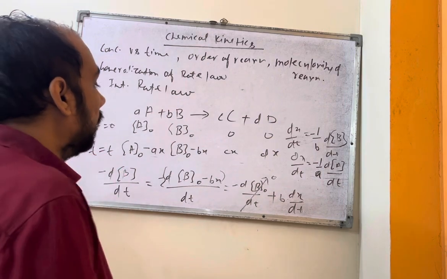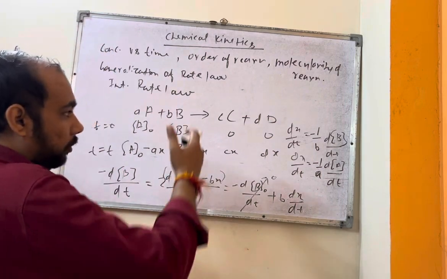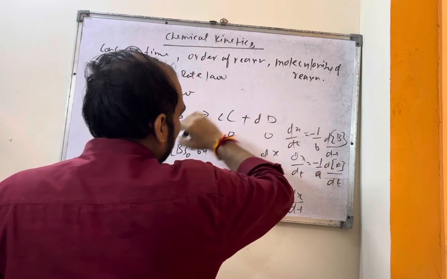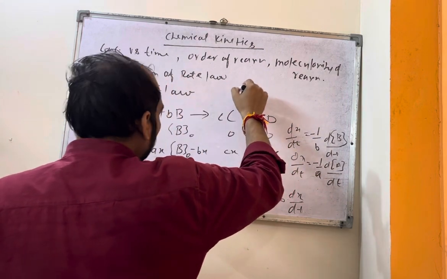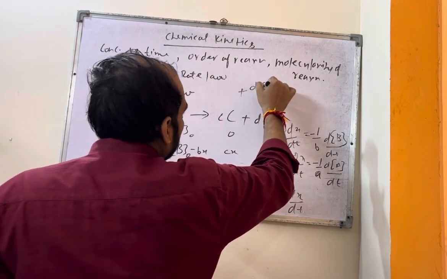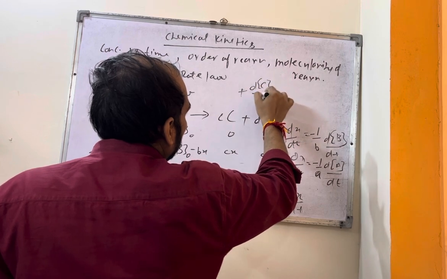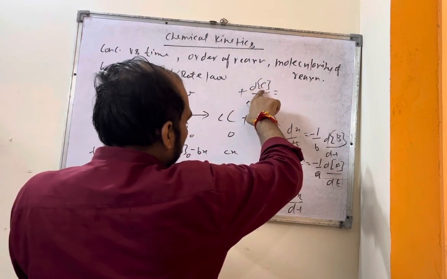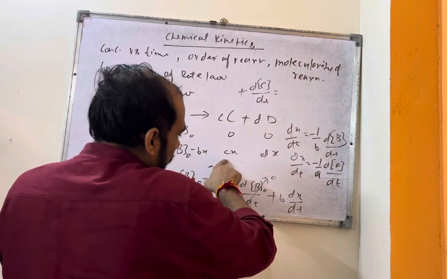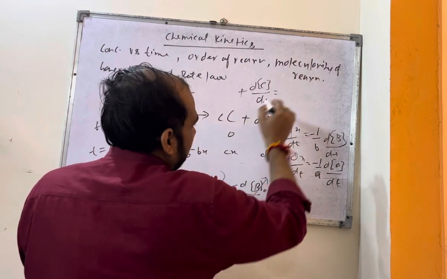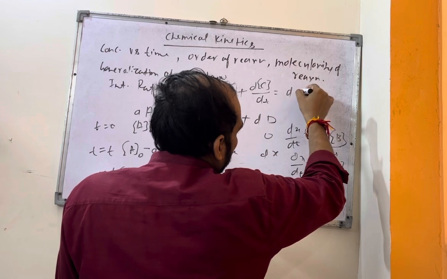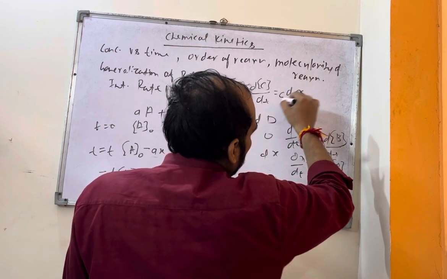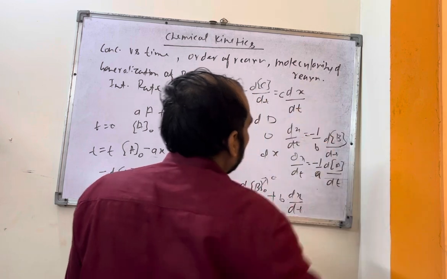Next we have the rate of appearance of C and D. So plus dC by dt is equal to, with C at time t being cx, c will come out because it is constant, dx by dt.